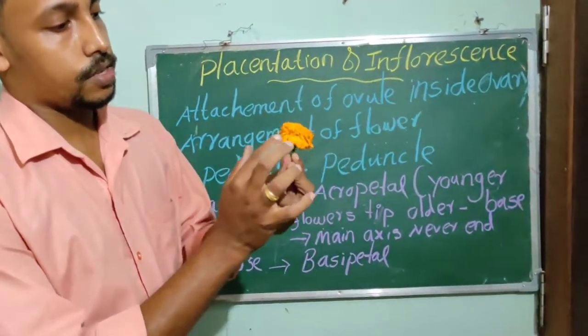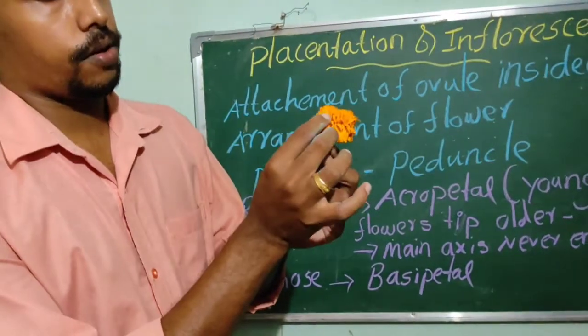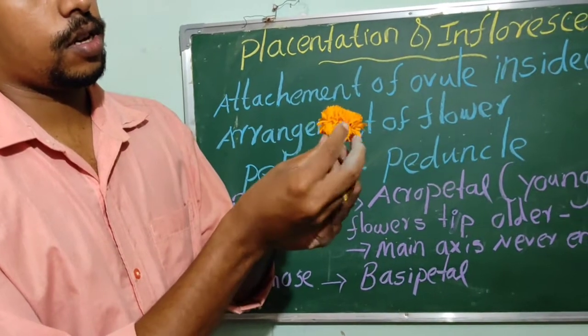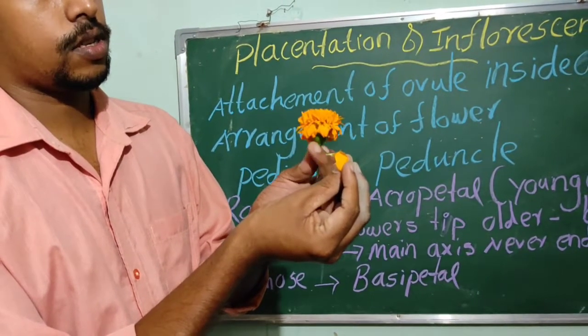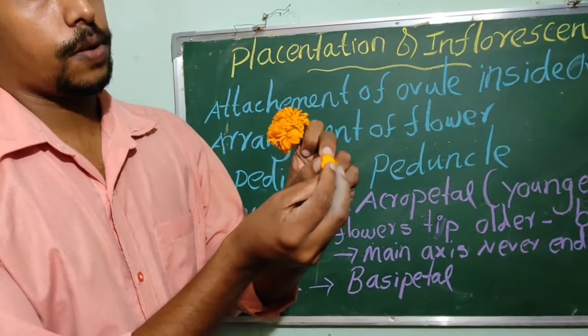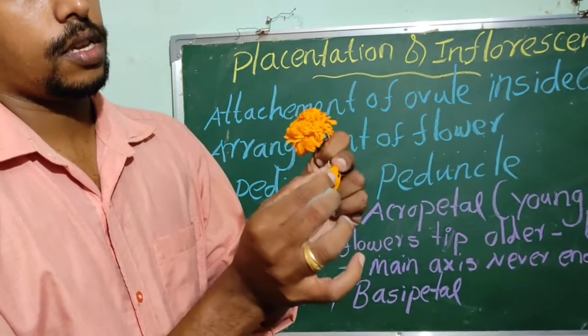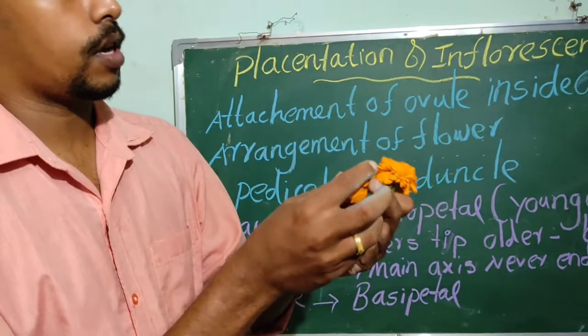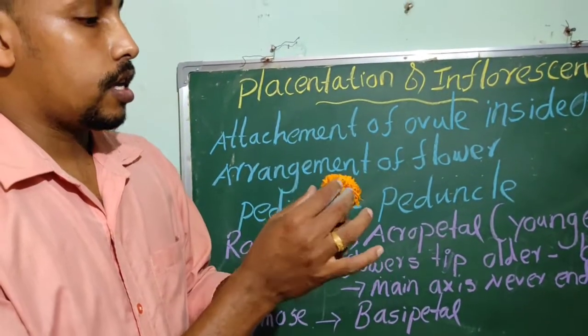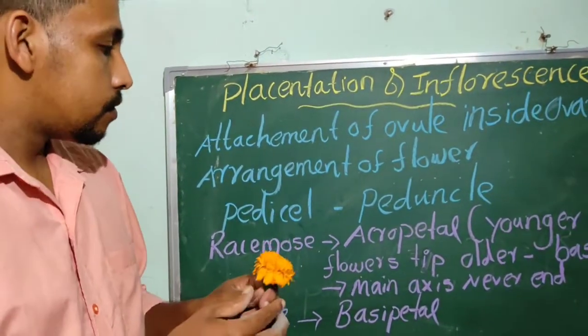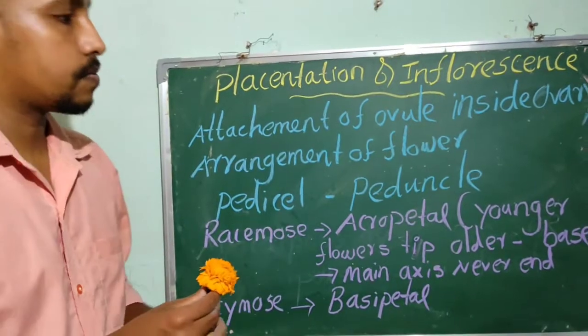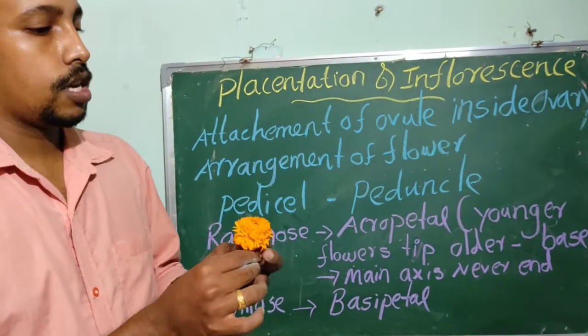So here in this base we can see the older flowers. In this flower you can see the androecium, and then there may be an ovary. So this way in the base we can see the older flowers, and the younger flowers are at the tip.